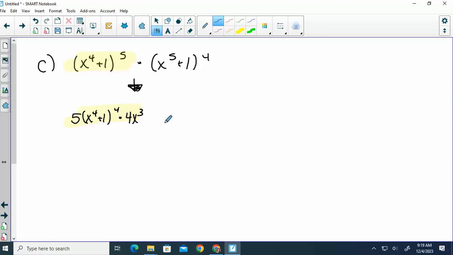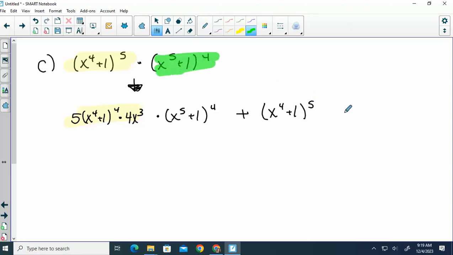It's derivative of the first times the second, we still have this, plus the first times, then we do the derivative of the second one. So the 4 comes down, inside stays the same, subtract 1 from the power, derivative of the inside.